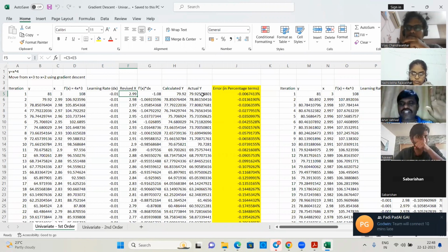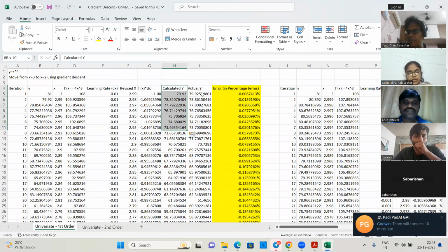So this is the function. But then the fact is we are using a straight line to estimate, isn't it? So the calculated y is our estimated number. Actual y is, because how do we even know that we're doing the right estimate? You need an actual number for the purpose of comparison, which is why I've also jotted down the actual value.